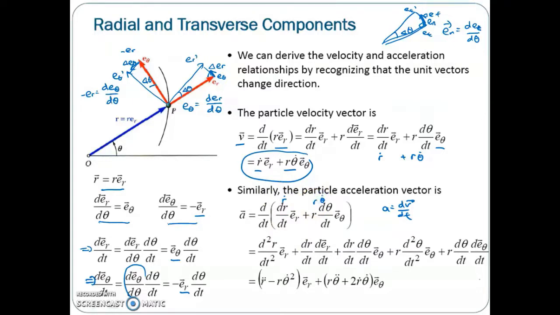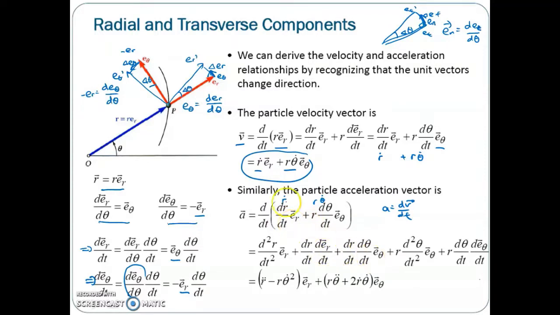So by applying the differentiation rules, we will have our acceleration vector equal to, as you can see here, d2r dt squared e_r. Then we also plus dr dt, but differentiating de_r dt.